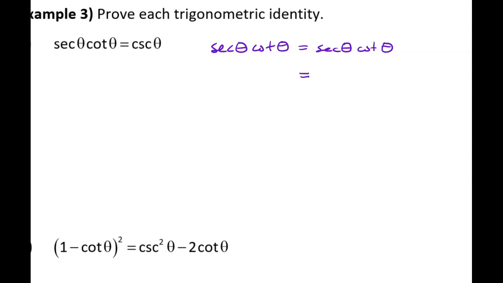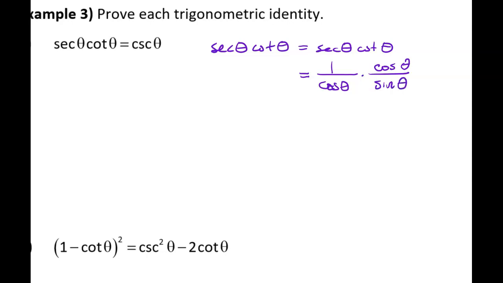Then we're going to work on the right side, and secant of theta can be re-expressed as 1 over cosine of theta. Cotangent of theta can be re-expressed as cosine of theta over sine of theta. Excuse me, I wrote that wrong.